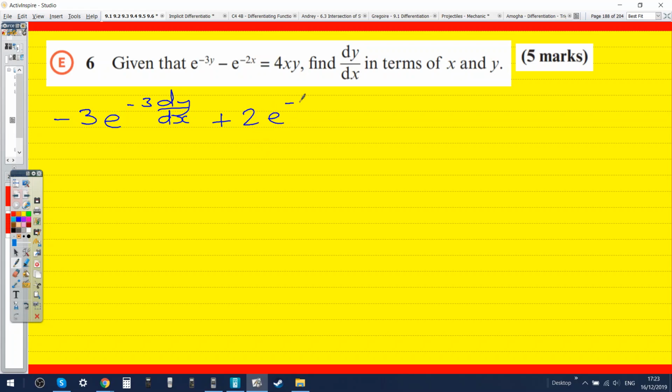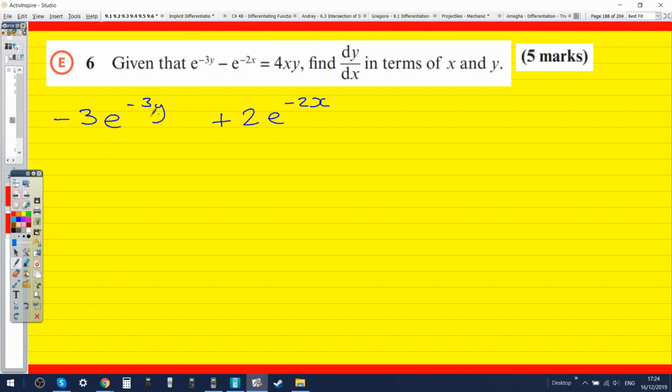What is the derivative of x? 1. And should this be 1 or should it be x? It should be x because it's e to the power of. Therefore, what about these two? It should be y, not dy by dx. Okay, so that would be y.